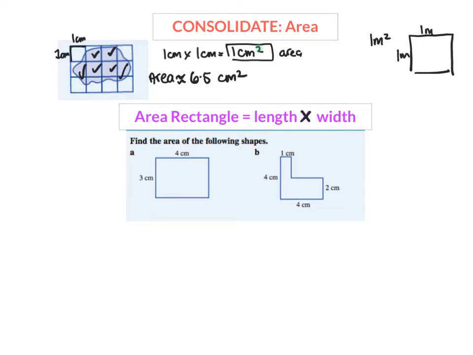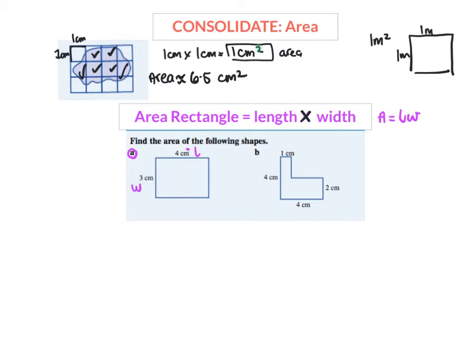Okay, so let's do some areas of the shape of a rectangle, and we have a formula here. It says area of a rectangle is length times width. Sometimes we see it just written like that, L times W. If we look at this first rectangle, the length is 4 centimeters and the width is 3 centimeters.